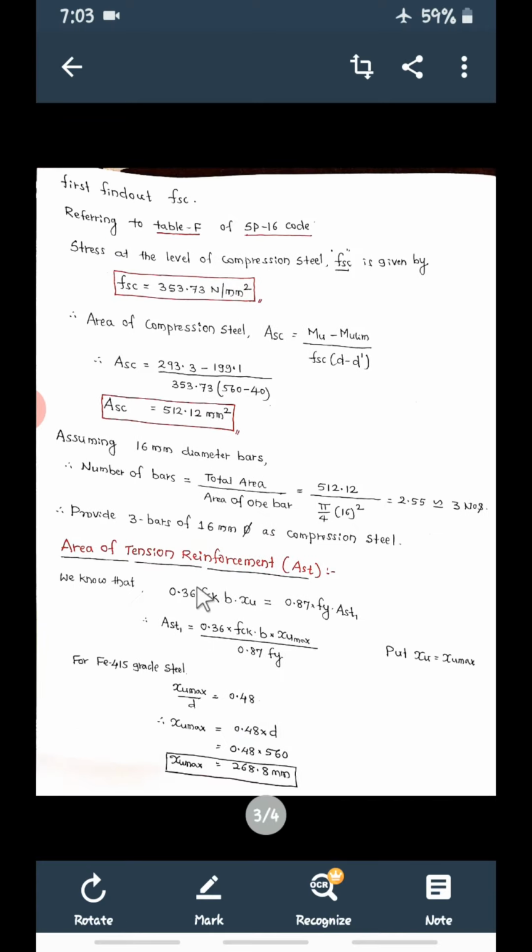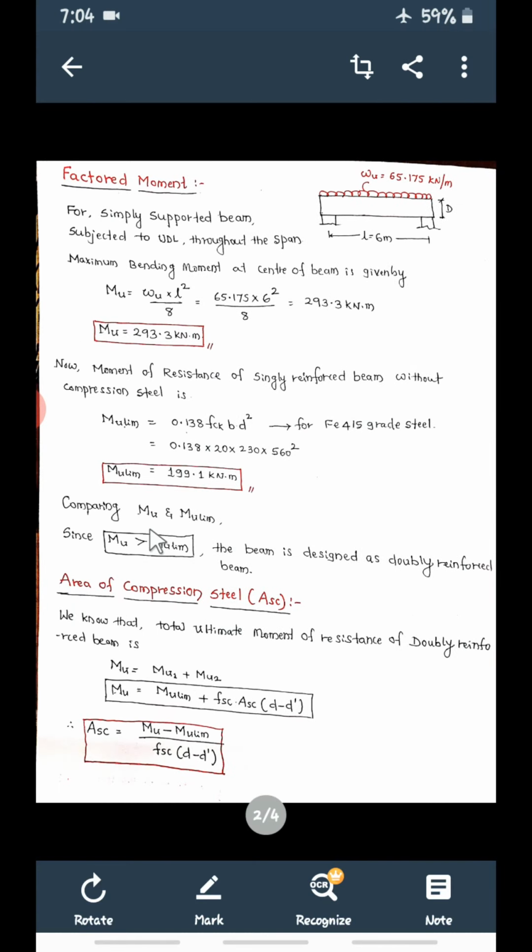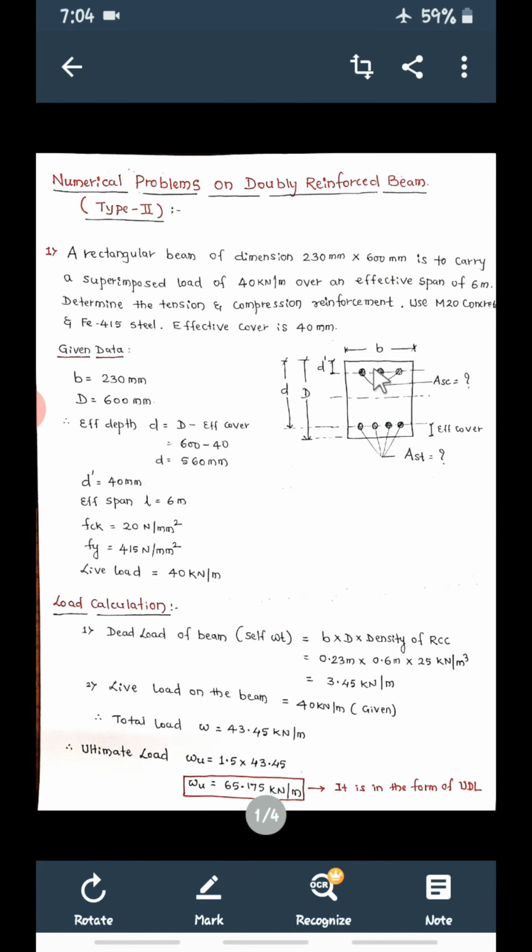So we have calculated the area of tension reinforcement, and this is the area of compression reinforcement, that is 3 bars. Here you can calculate the number of bars, we have not calculated it, but you can also calculate it here. This is AST, this is ASC.